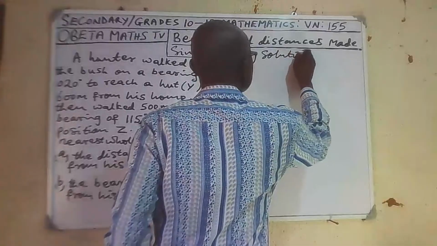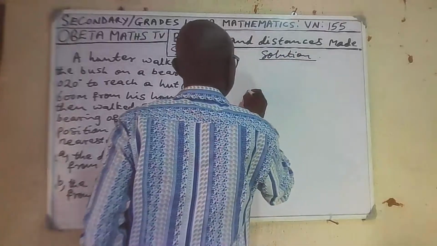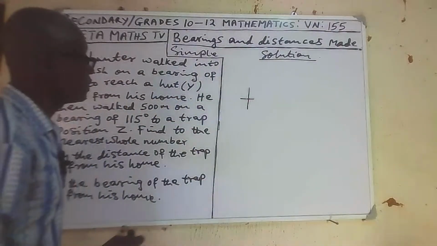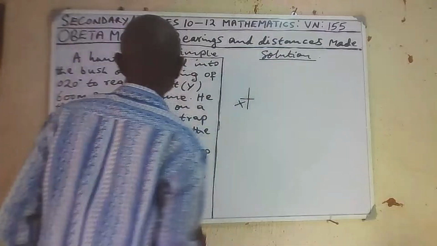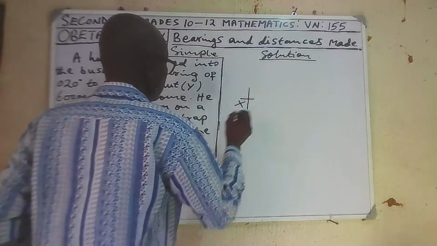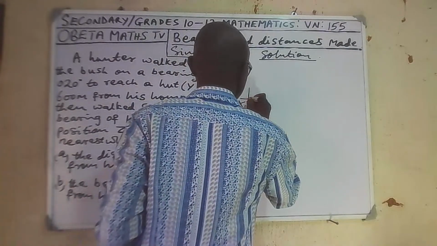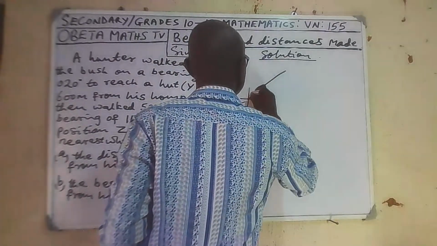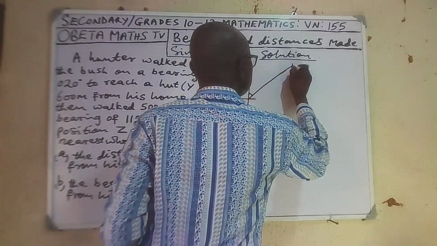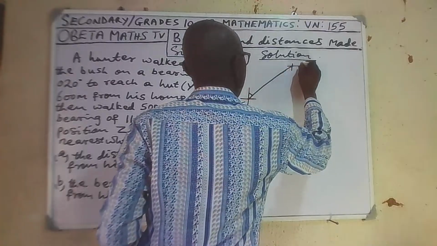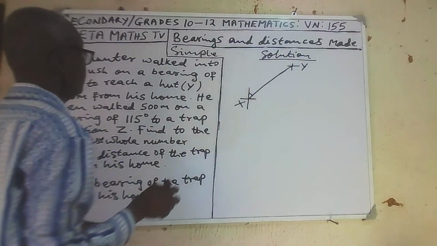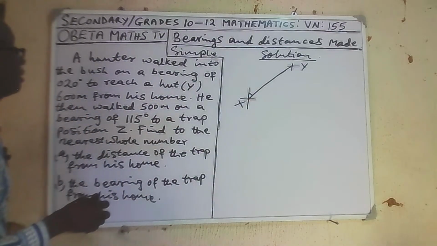Solution. Let's use X as our starting point. He walked into the bush on a bearing of 20 degrees, so let's take this to be that. Let's call this Y, 600 meters.